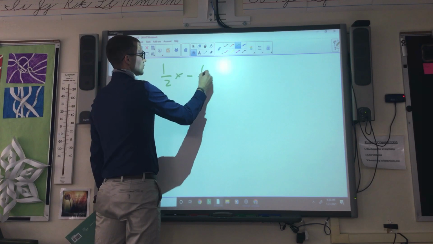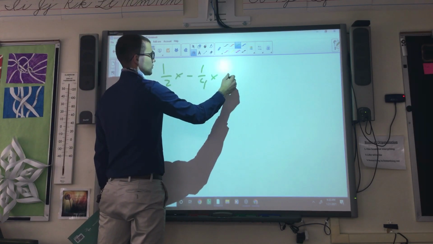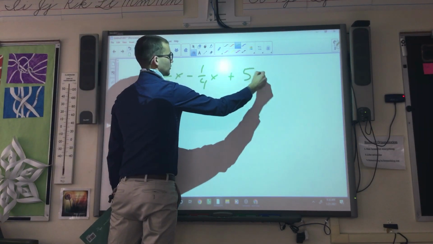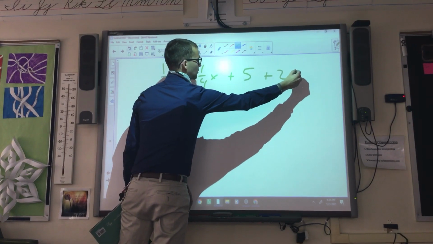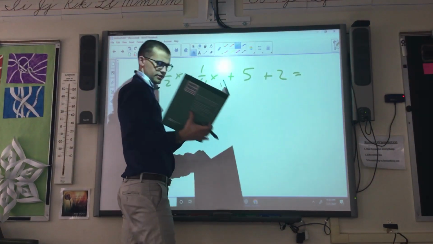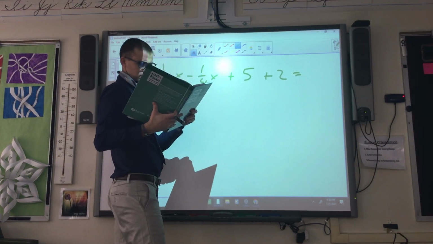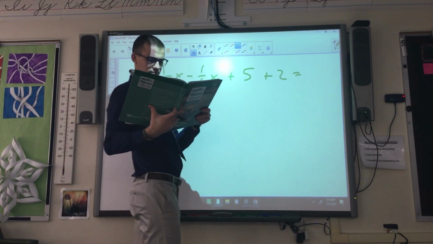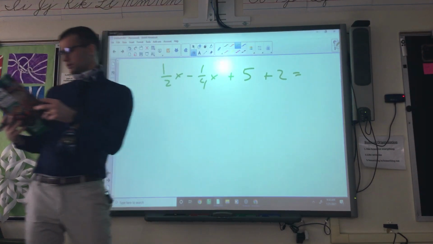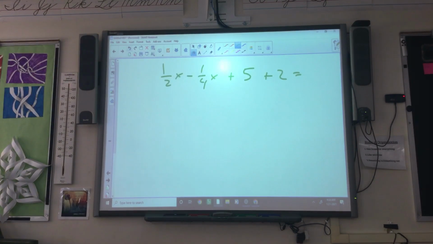Minus 1/4x plus 5 plus 2 equals 1/4x. Does it really say equal? No, it does not. Let me look, where in your book are you seeing this? Okay, so this is them simplifying it. So this is the actual expression.